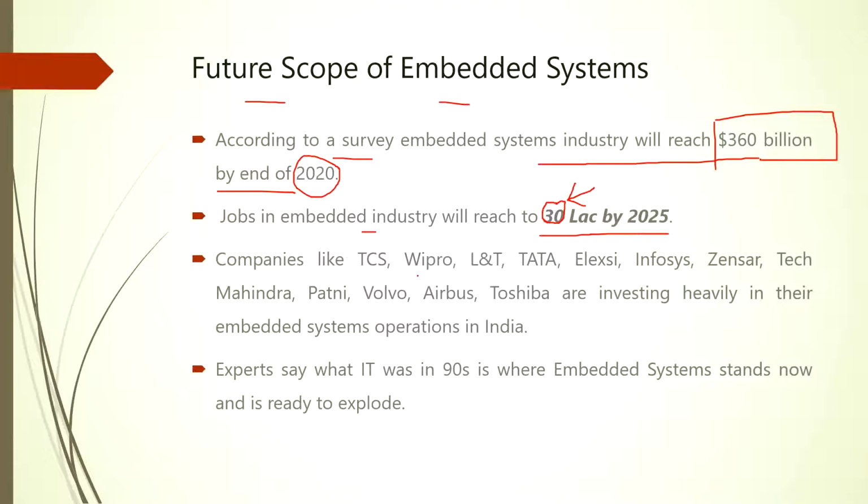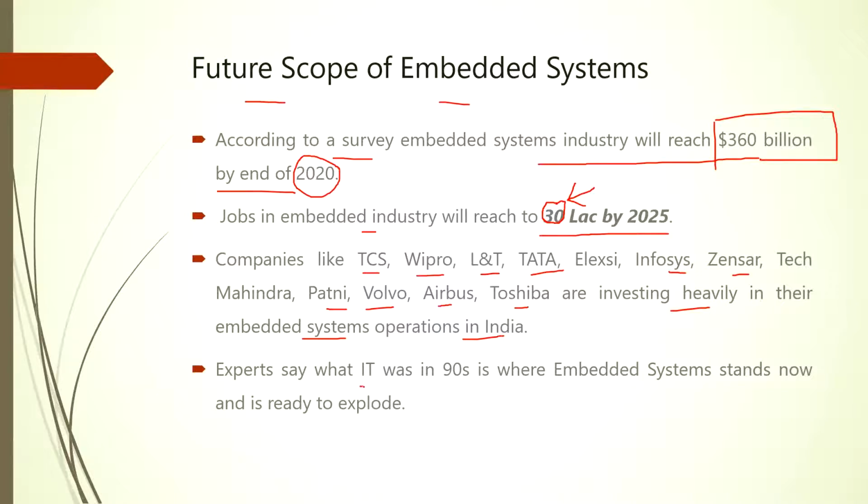So which are the companies which are interested? The companies are like TCS, Wipro, L&T, Tata Elxsi, and then Infosys, Gensar, Tech Mahindra, Patni, Volvo, Airbus, Toshiba. They are all investing heavily in their embedded system operations in India, especially in India, right? They are investing globally also, but the point is that they are investing heavily in India in embedded systems.